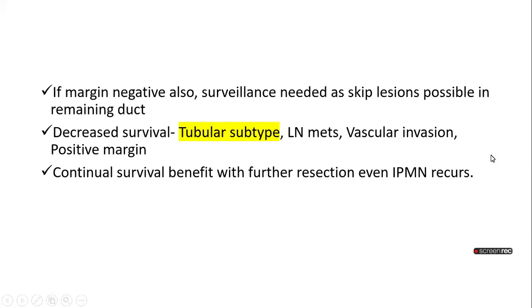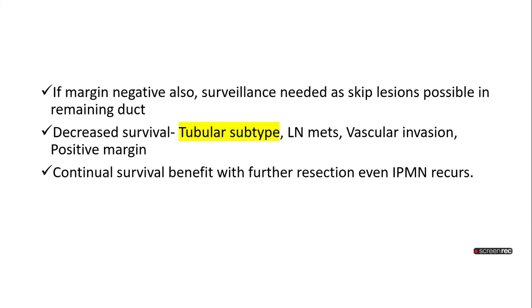If the margin is negative also, surveillance is mandatory, because skip lesions, discontinuous lesions, are possible in the remaining duct, remaining parenchyma. So decreased survival is associated with the tubular subtype, lymph node metastasis, vascular invasion, positive margin. The other three things we are very much confident of: lymph node metastasis, vascular invasion, positive margin.